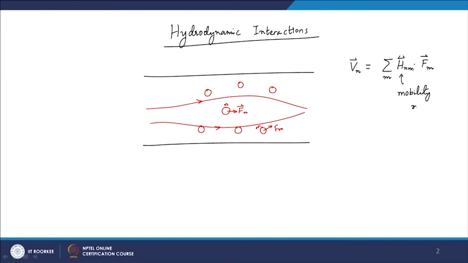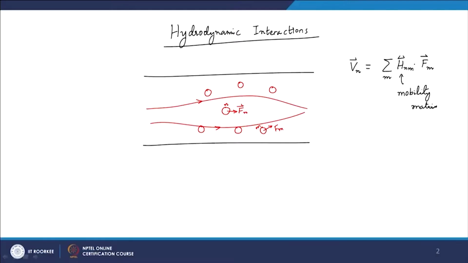And as we discussed, in a well dilute case, we recover what we had for the Brownian motion of a free particle, but that is really very low concentrations. Otherwise, we have to really solve for the effects of hydrodynamic interactions.